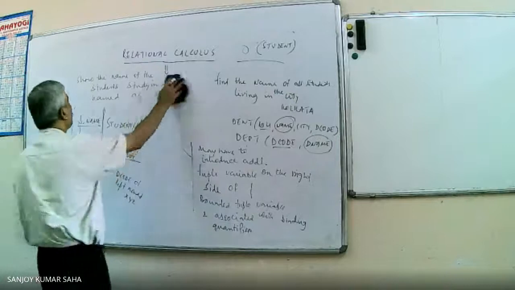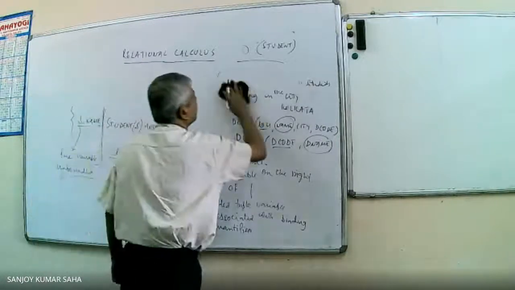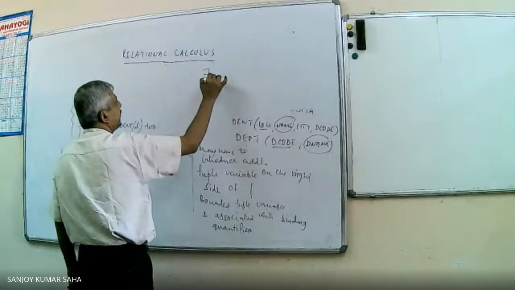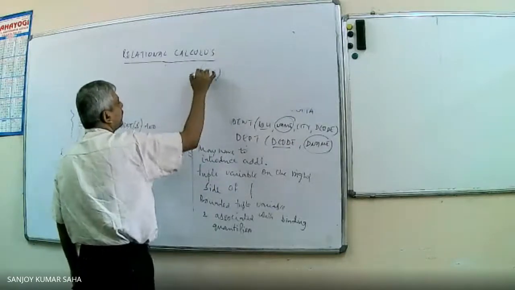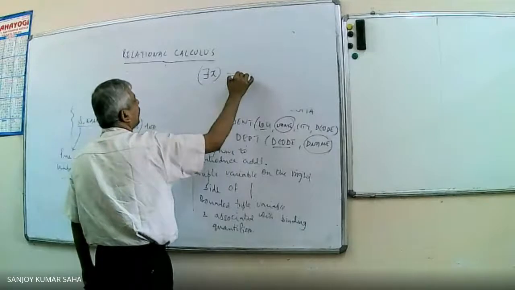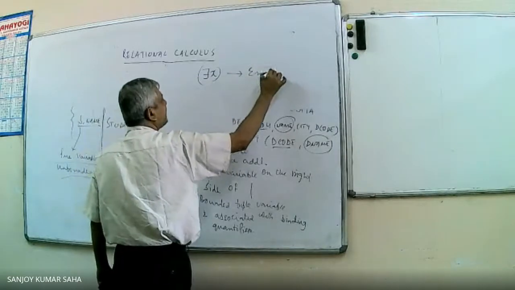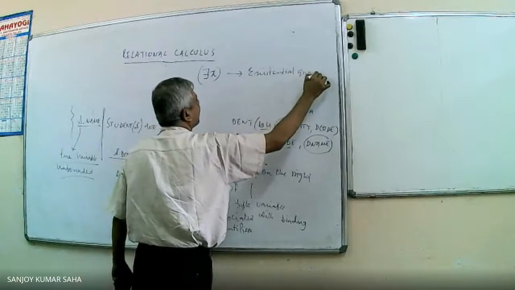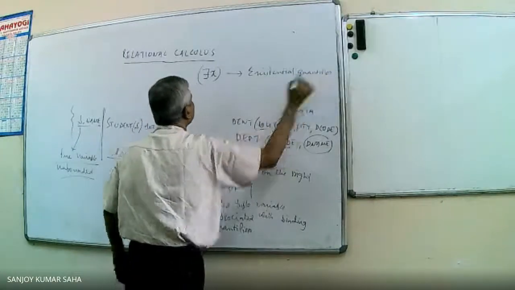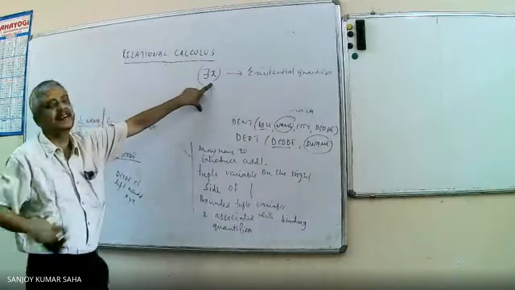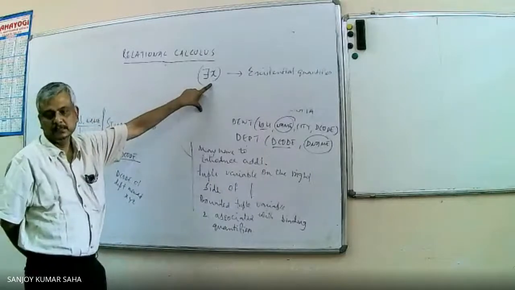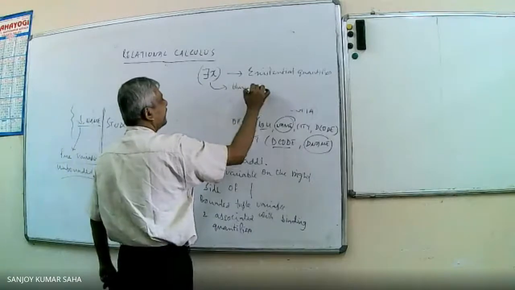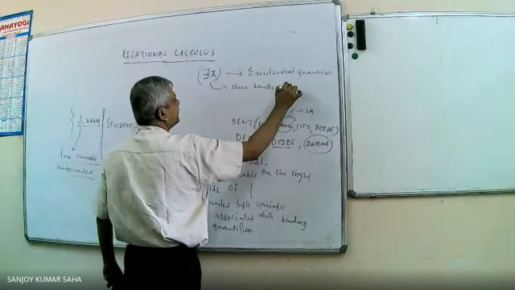Now this binding quantifier, if x is a tuple variable, this is the existential quantifier, that is, there exists an x.